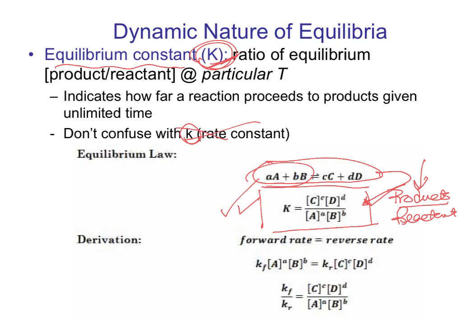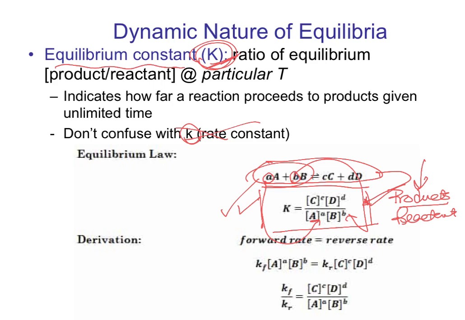The other thing I want you to notice in this equation is that the coefficients in the balanced reaction become exponents in the equilibrium constant expression. Now this is where it gets massively confusing for a lot of students, so listen to what I'm getting ready to say for a moment.